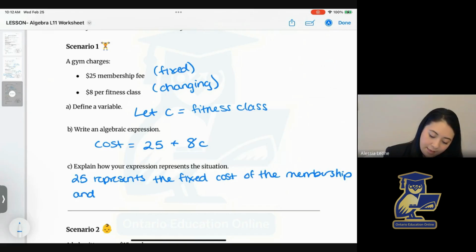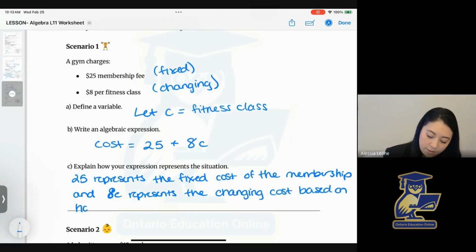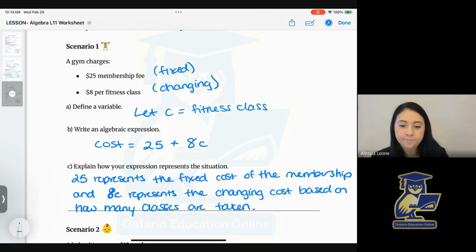And 8C represents the changing cost based on how many classes are taken. So you're just explaining how we put together that expression and what that expression represents in words.